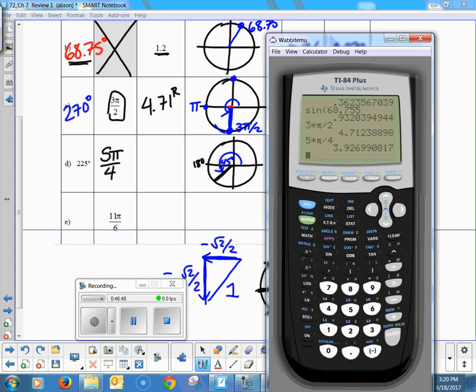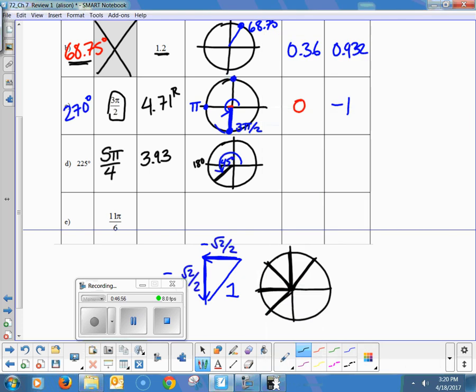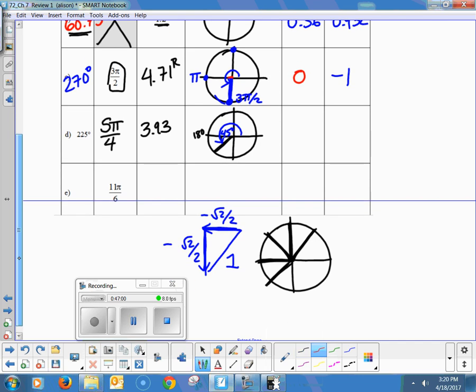It tells me it's 3.93. And let's see, the cosine. Cosine is the back and forth at this point, which is negative root 2 over 2. And the sine is the y value, the up and down, and that is also negative root 2 over 2.